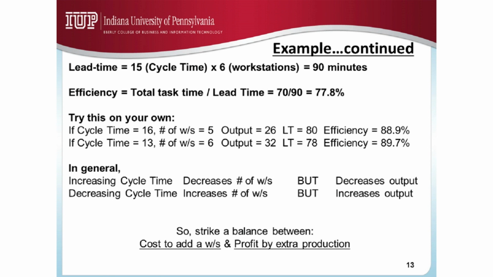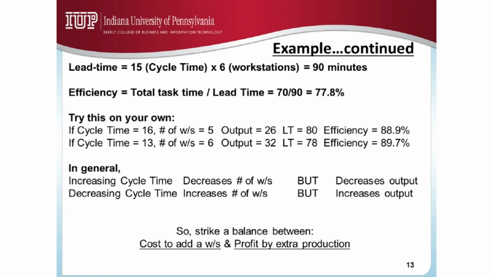That's a good thing. However, what happens if I increase the cycle time to 16? Instead of one unit coming out of the assembly line every 15 minutes, you will have one unit coming out only at the end of every 16 minutes. You may think that is just 1 minute extra, but if you do the math, you will find out that the output per day is only 26, which will amount to only 130 per week.